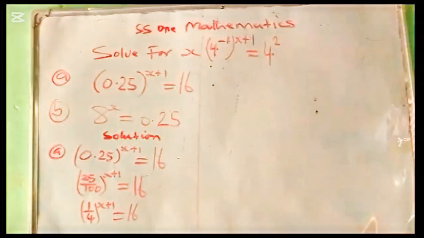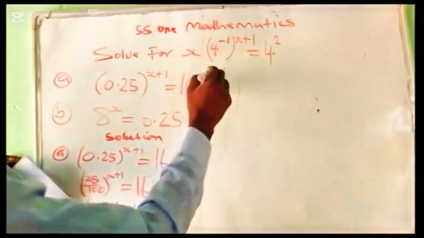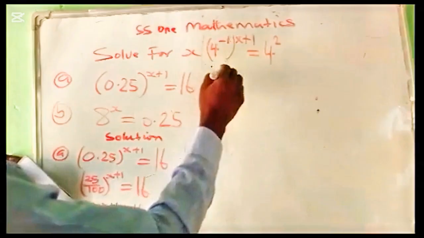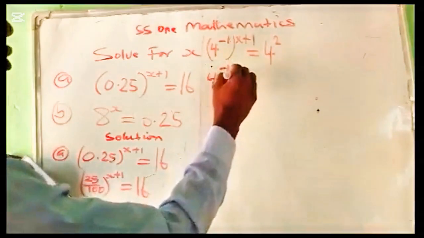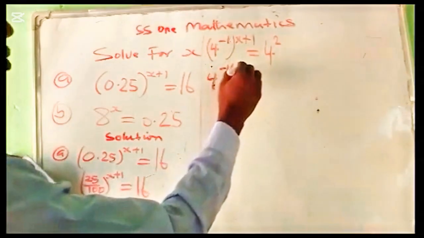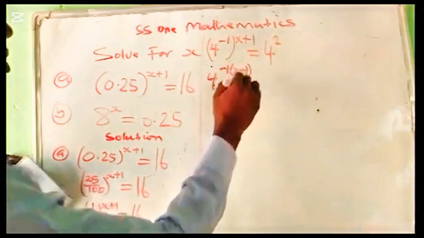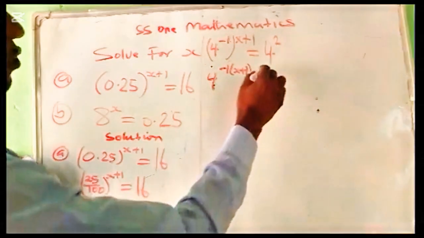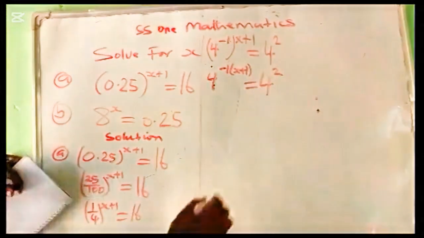Now let's remove the brackets. Right now we have 4 raised to power minus 1, close the bracket, x plus 1, close the bracket, equals 4 raised to power 2.